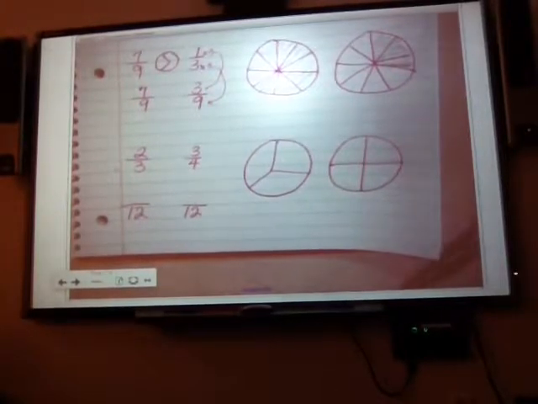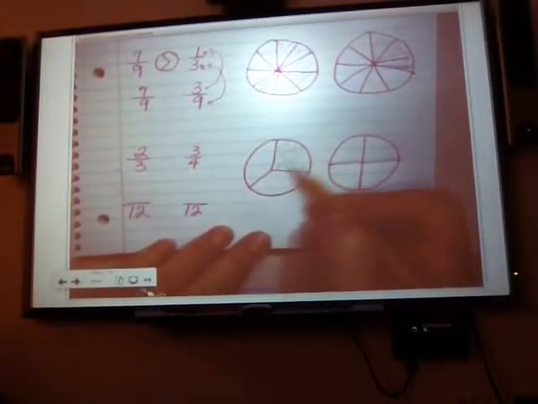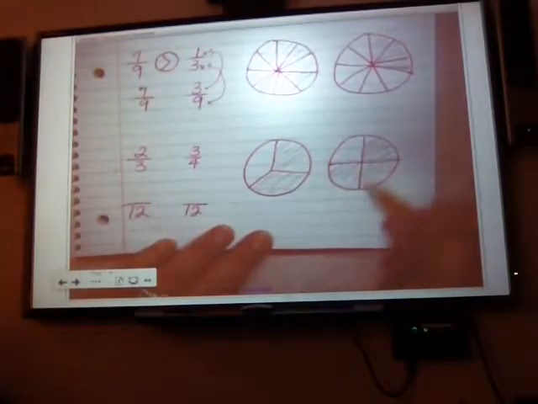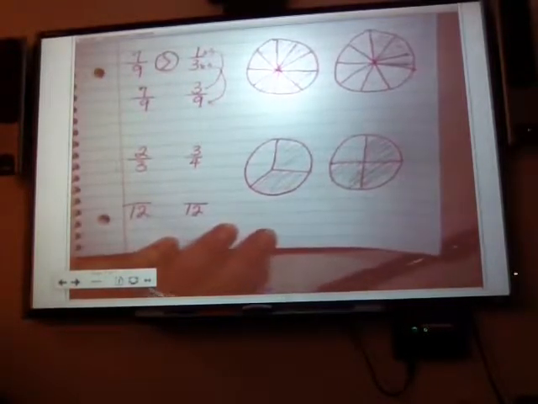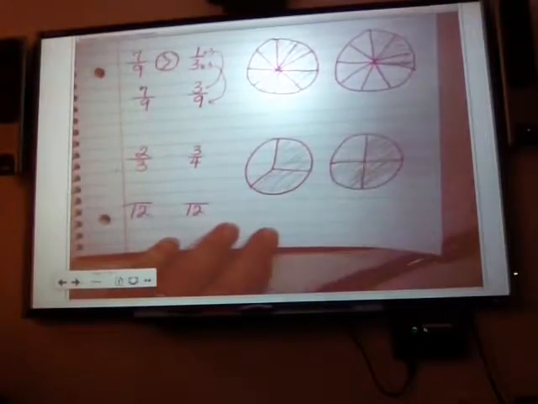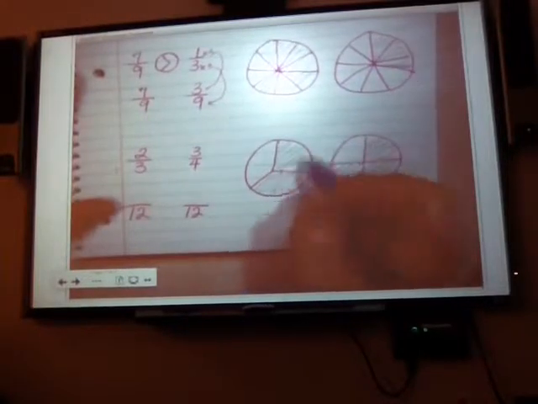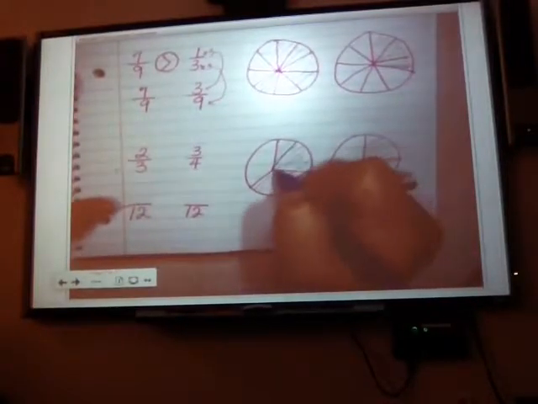into 12s. So let me originally color my 2/3 and then my 3/4. Okay? So what would I separate my thirds into? How many times would I make my thirds? 4. Good.